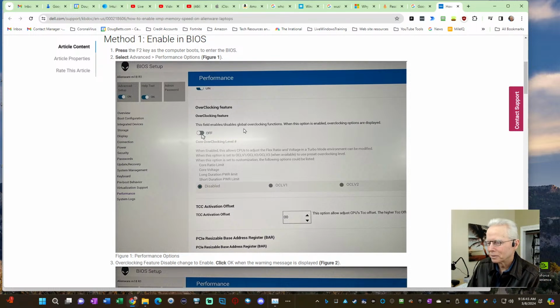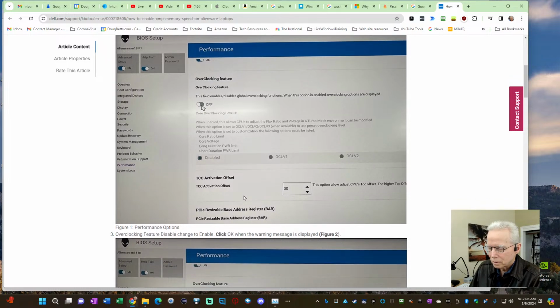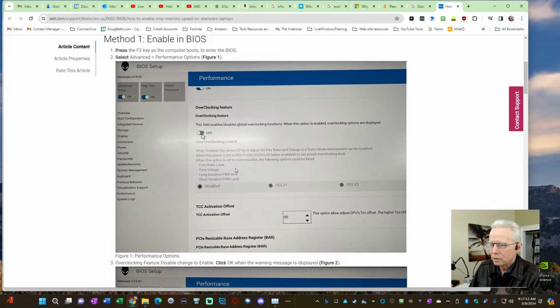This field disables global overclocking functions. When this option is enabled, overclocking options are displayed. So I would assume that's for CPU and for memory. Yeah, this allows CPUs to adjust. Used to preset overclocking, customization, core ratio. This is all CPU. That doesn't mention memory there.